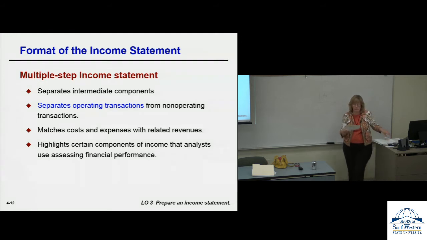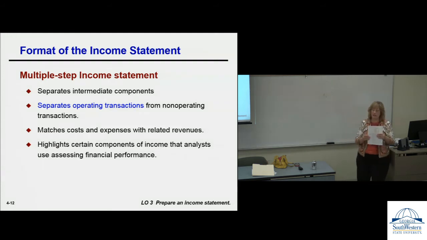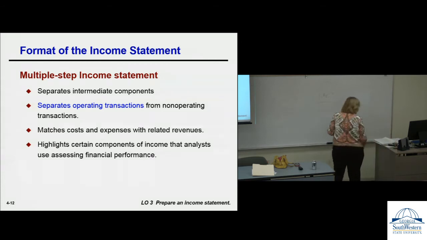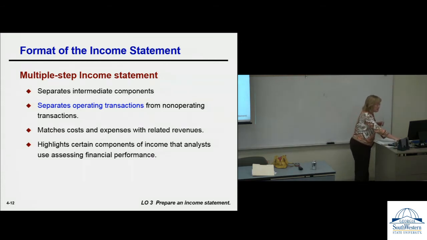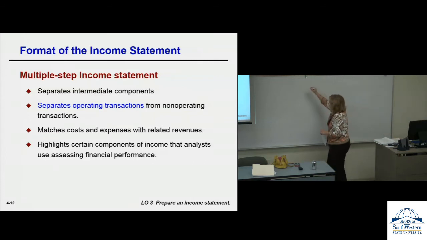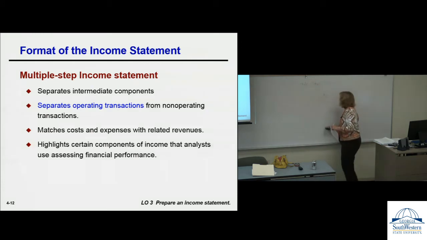Okay, so we're going to start on page 168, because on page 168 we have a single-step income statement. All right, so in a single-step income statement, what does it look like? What's its formula?